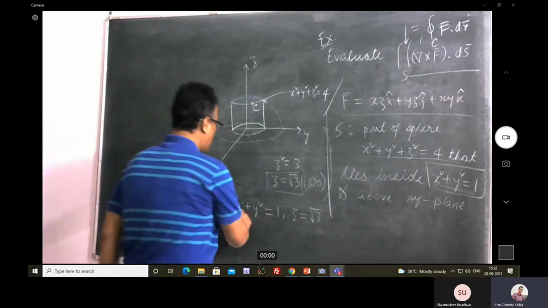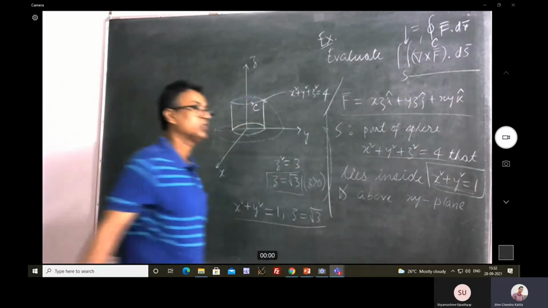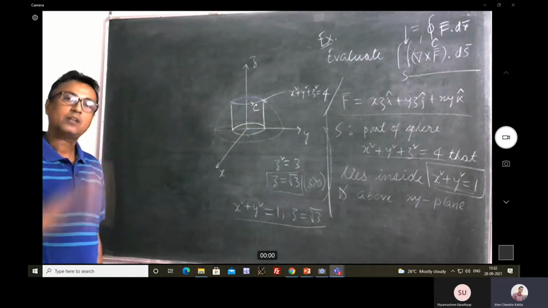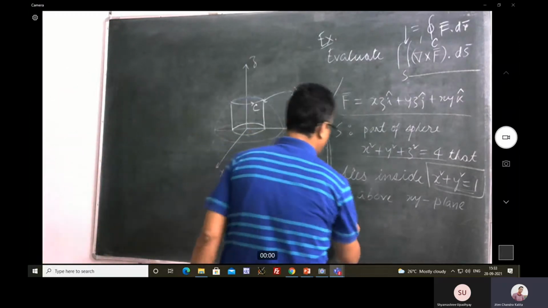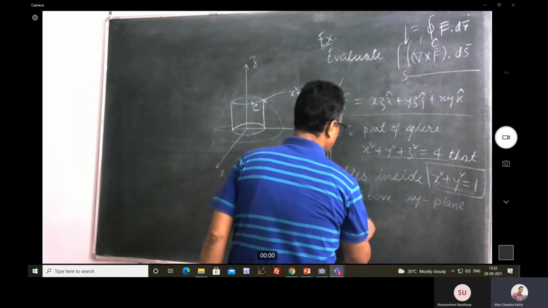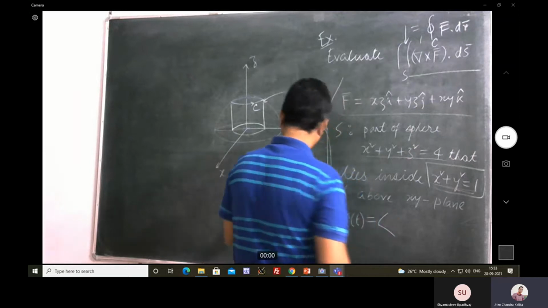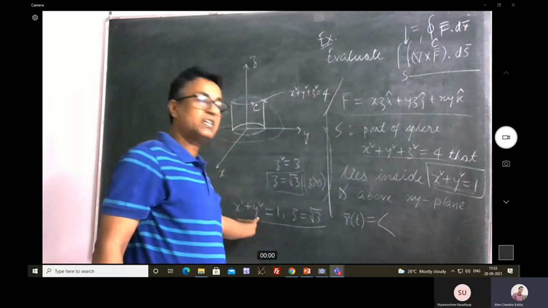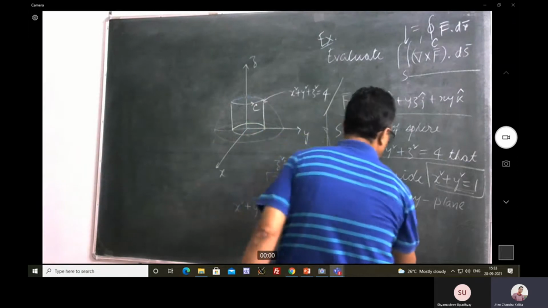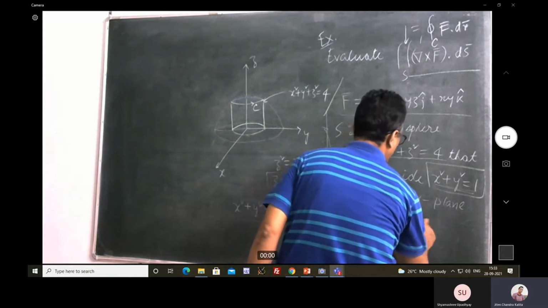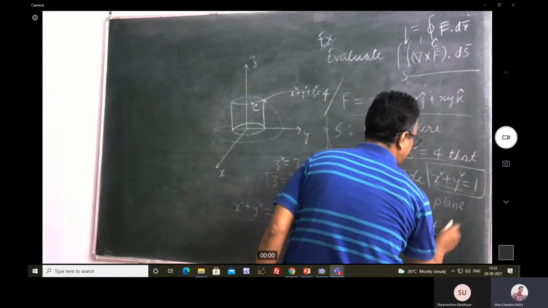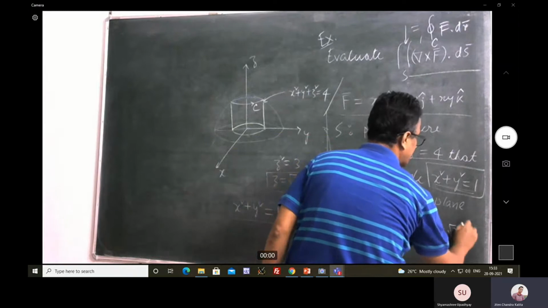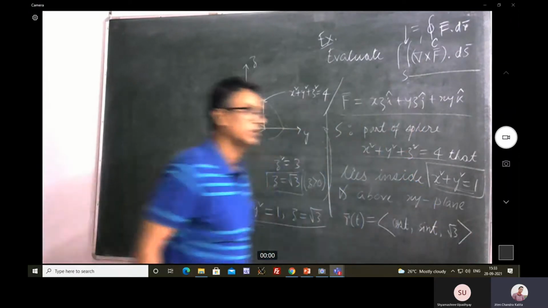Now what we want is the parameterization of this circle. The parameterization is pretty straightforward. This circle is given by cos t, sin t, isn't it? So x is cos t, y is sin t because its radius is 1, and z is constant, square root 3.